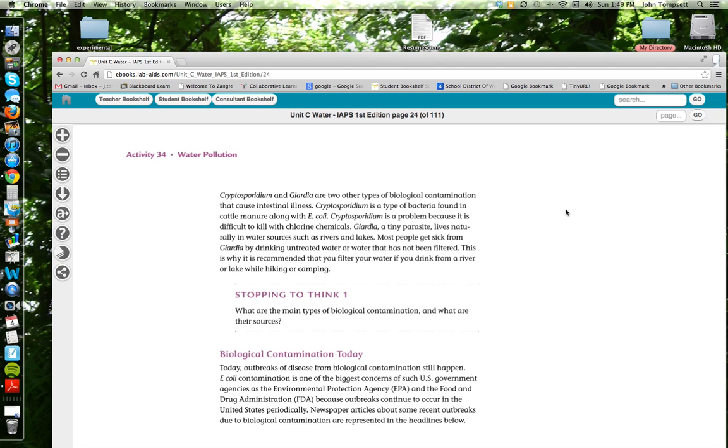Giardia, a tiny parasite, lives naturally in water sources such as rivers and lakes. Most people get sick from Giardia by drinking untreated water or water that has not been filtered. This is why it is recommended that you filter your water if you drink from a river or lake while hiking or camping. Stop to think.